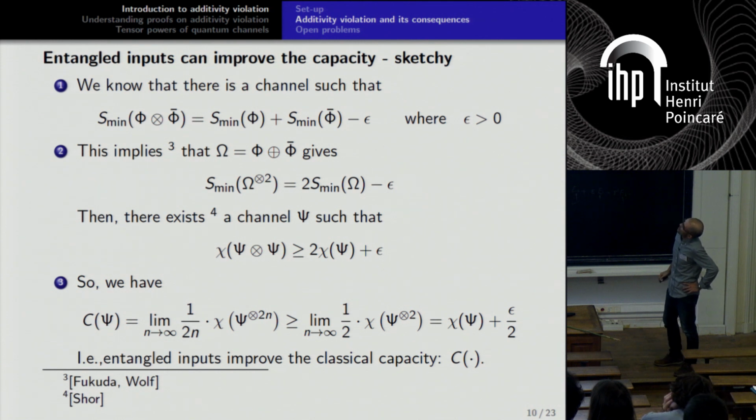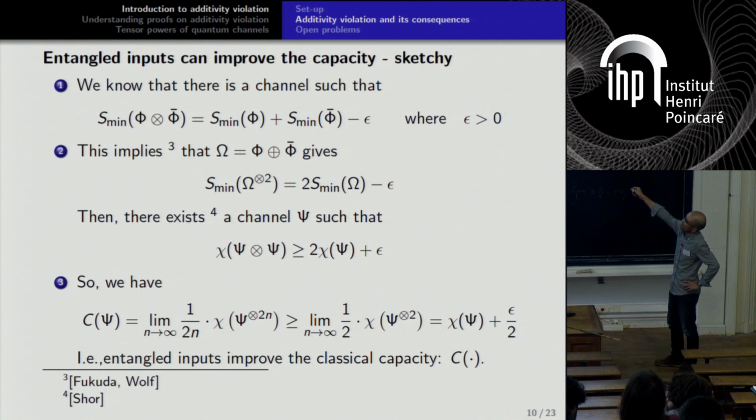And what we have then is phi tensor phi bar here, and the difference is, suppose, epsilon. This is what is proven so far. Then we can make some channel omega, and take the tensor product of the same omega, and then we have a violation like this.